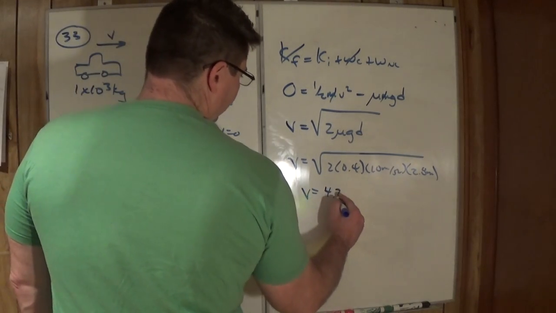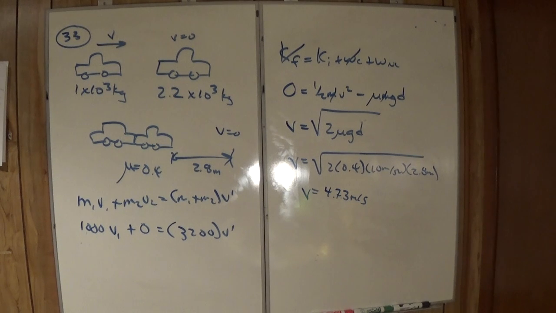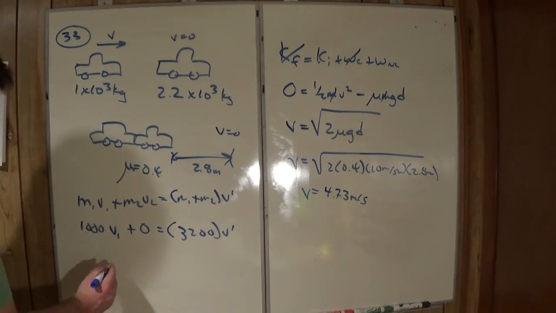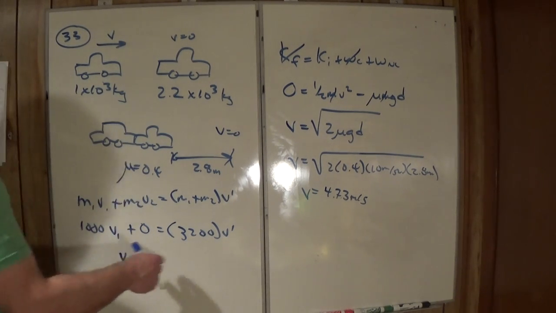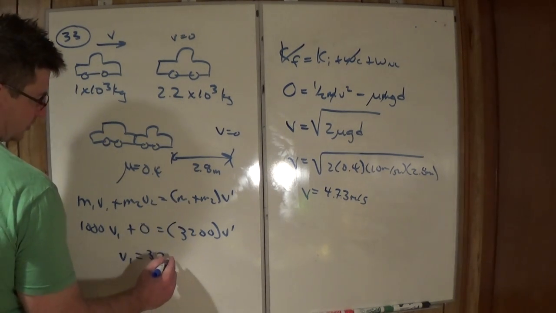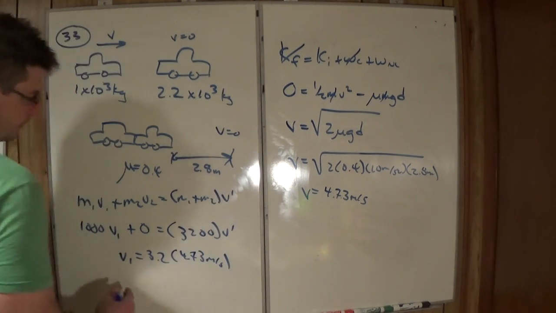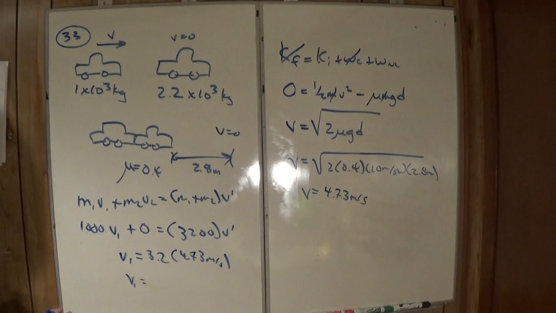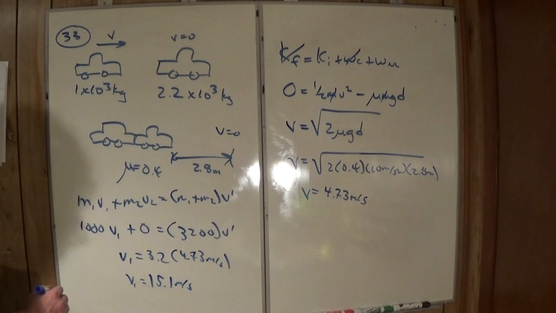And that velocity is 4.73 meters per second. Now, we want to use that 4.73 meters per second in our other equation to determine this velocity. So v1 is going to equal, now we can just divide this by 1,000 right now, 3.2 times 4.73 meters per second, and v1 comes out to 15.1 meters per second.